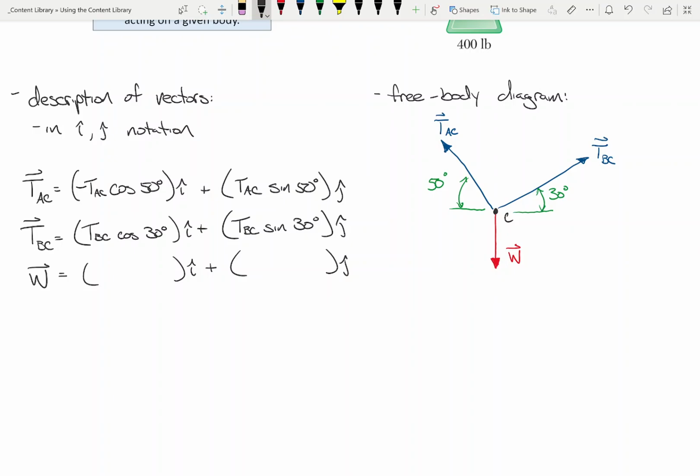Negative 400, right? Negative 400 because it's going down. So 0, negative 400. Is that a fair statement? Okay. So what I am saying is this. Here's what I'm saying.